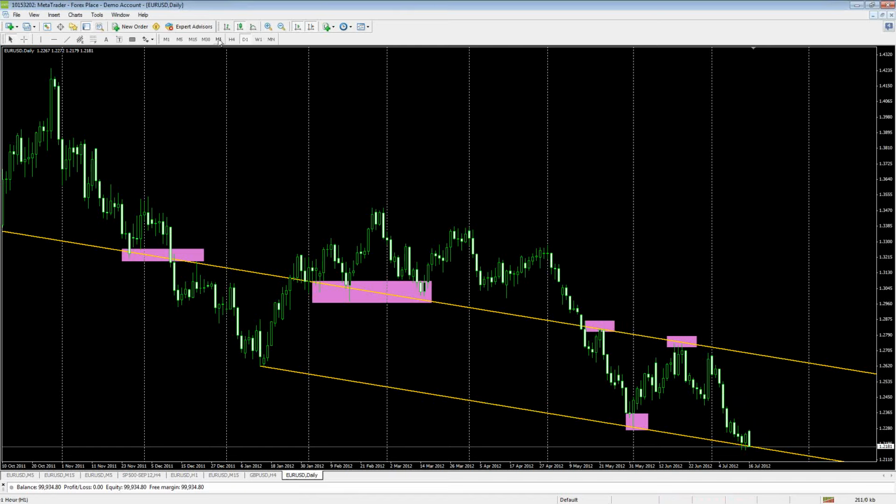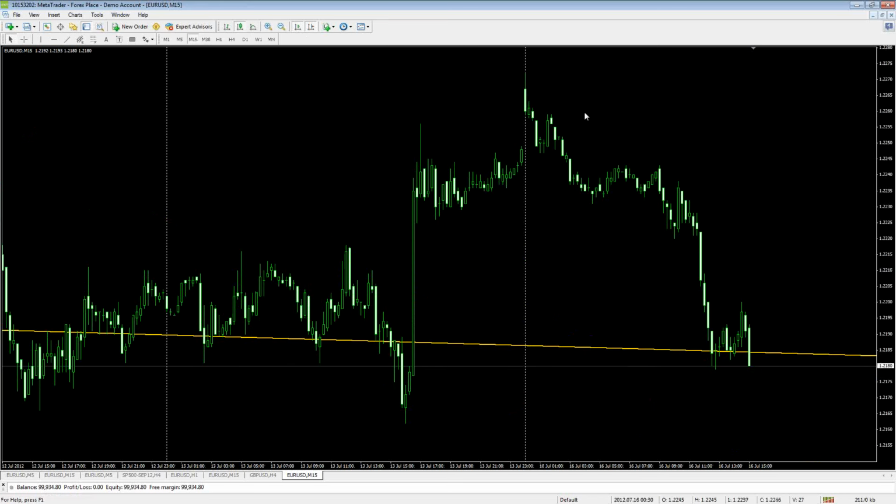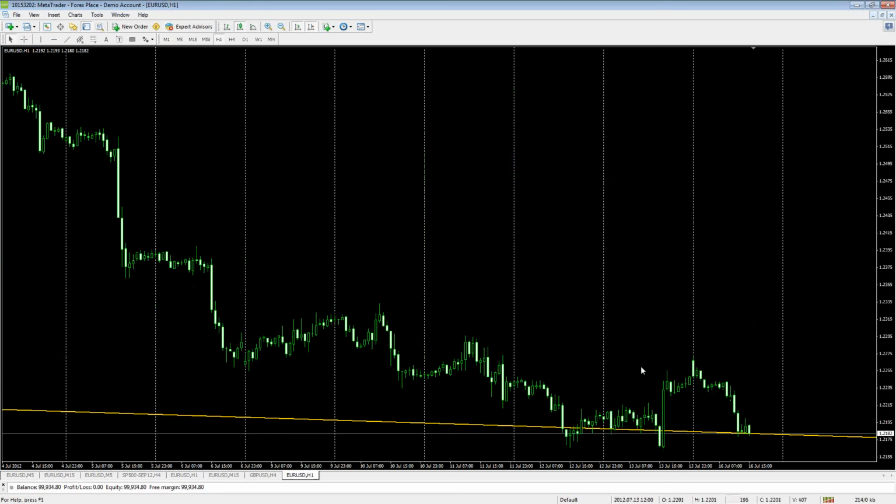So now if we look at the euro dollar, we can see that it's again dropping down, reaching some strong support. Okay, and we have this whole area to serve as very strong support from last week, from Thursday and Friday.